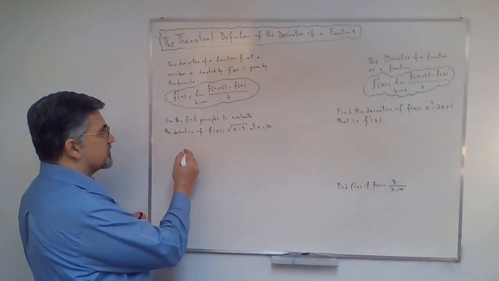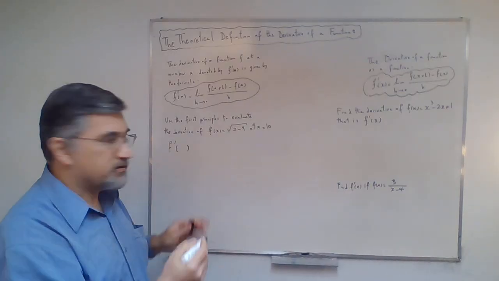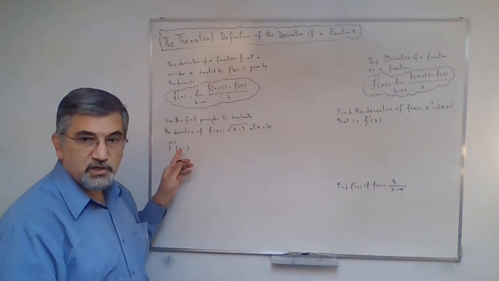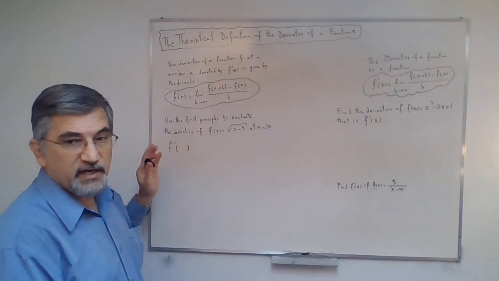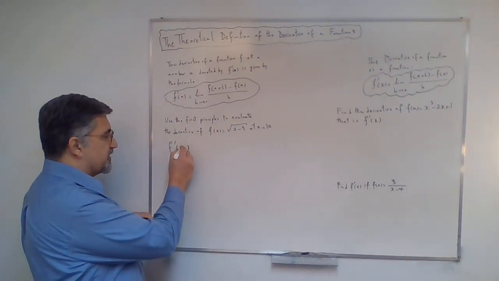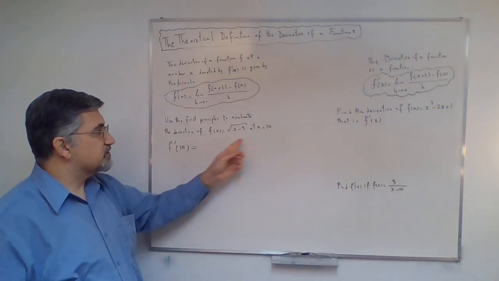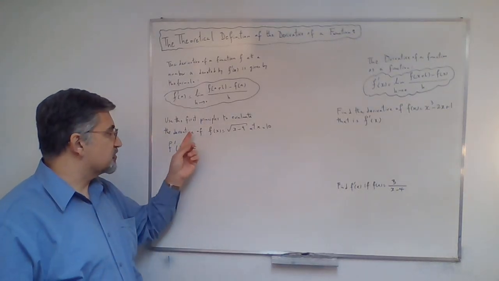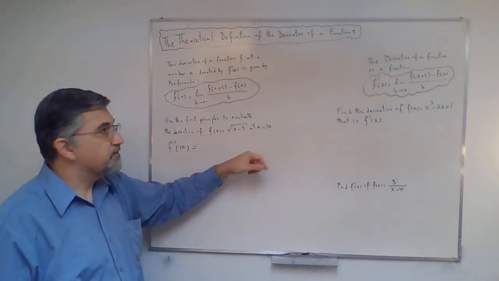So we are going to set this up. What we're trying to find is f prime, which is a notation for the derivative of a function. When we say f prime, it means the derivative of the function f. f prime at 10 is what we want to find. The value of a is 10 here, because the question says find the derivative of f of x at x equals 10.